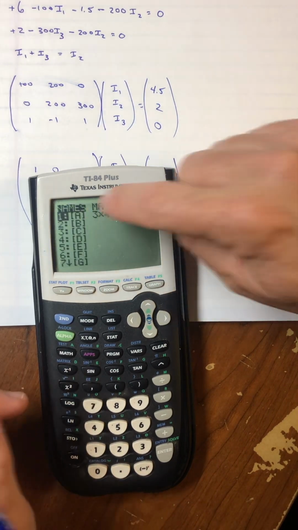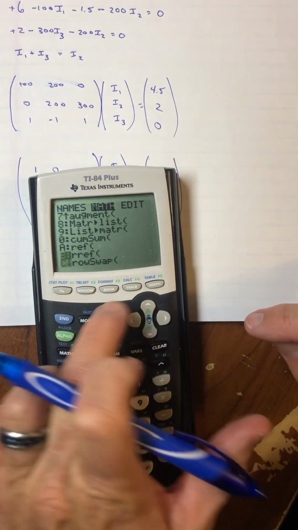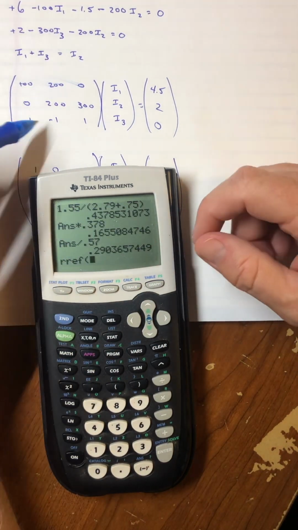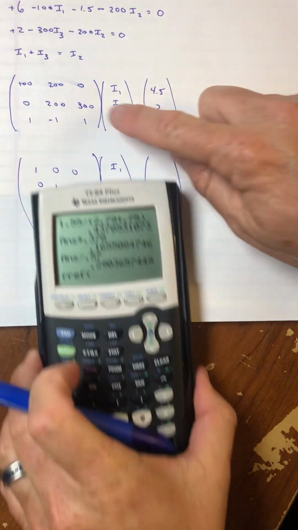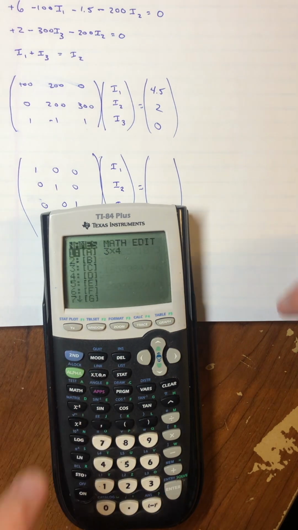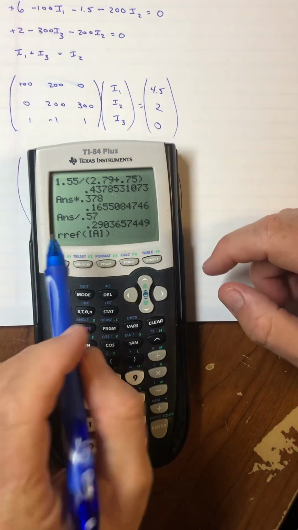Now, for my matrix equation, I want to do some math on there, and the math is that reduced row echelon form. So I want to apply this operation, and what that will do is manipulate it till I get to the identity matrix. I do need to select my matrix.